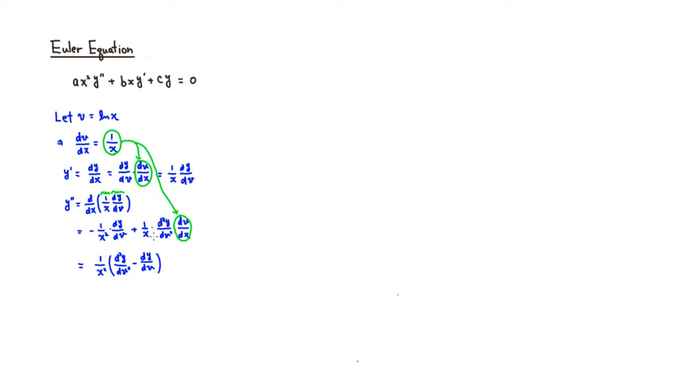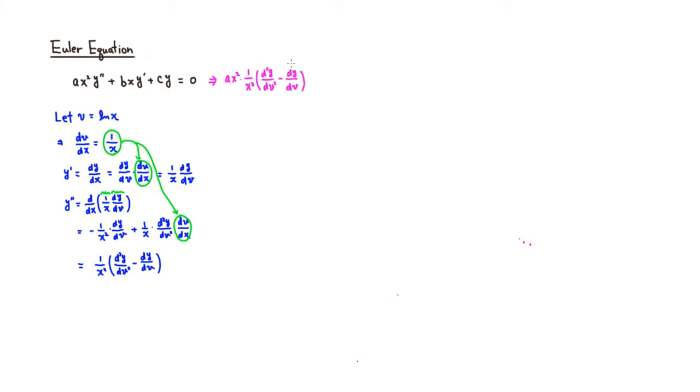Now we're going to plug those into the original equation. The original differential equation can be rewritten as: ax squared, but y double prime is 1 over x squared times the second derivative of y with respect to v, minus the first derivative of y with respect to v.